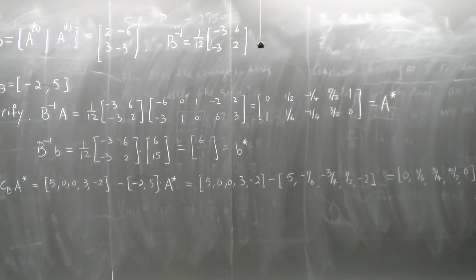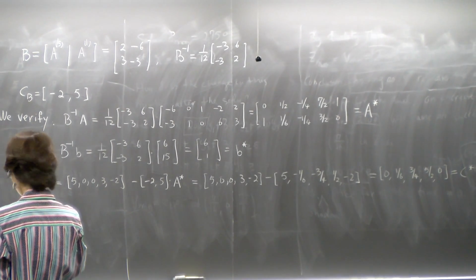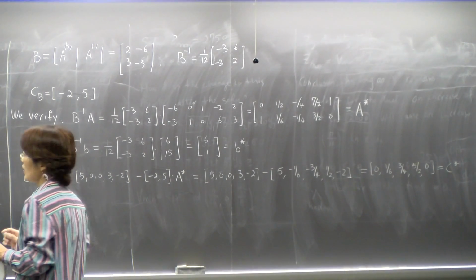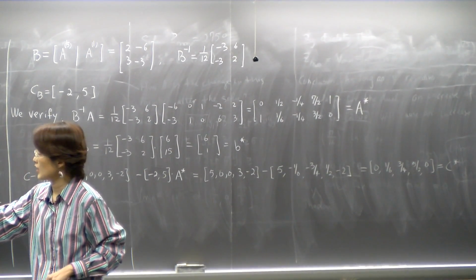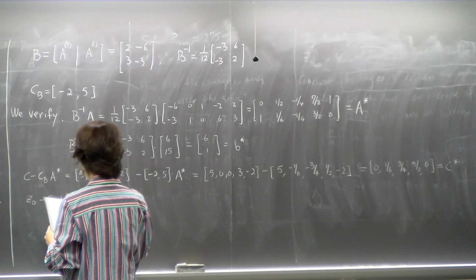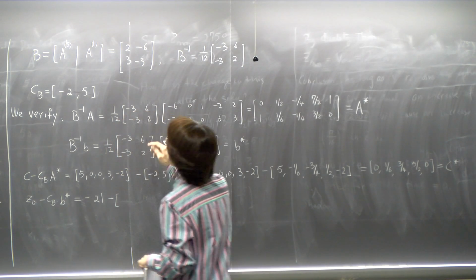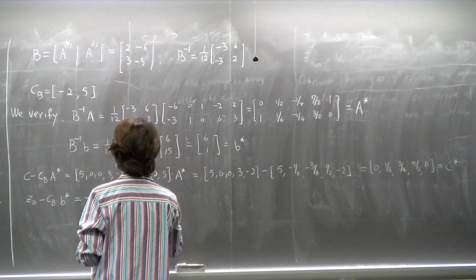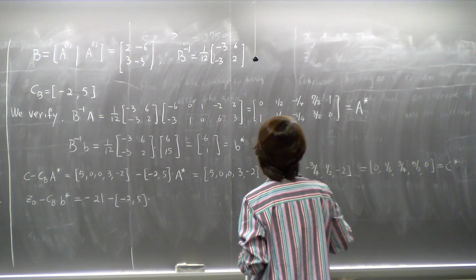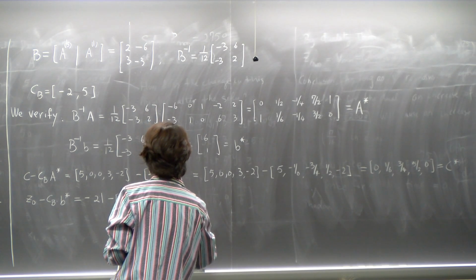Is that okay? And okay, you can verify the last one by yourself if you want. So Z0 minus C_B times B star, the last one, I want to verify that it actually gets me to the final value there. So I get -21 minus, what is my C_B? I have it here, -2 and 5 times B star, which I computed here, 6 and 1.